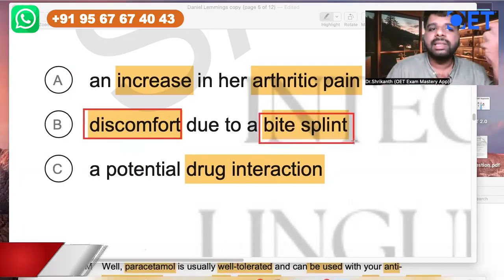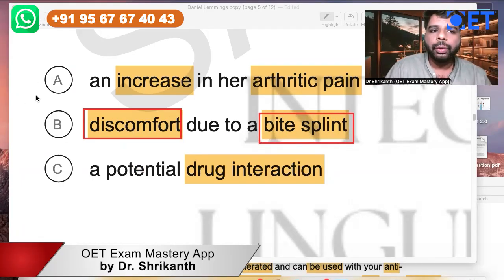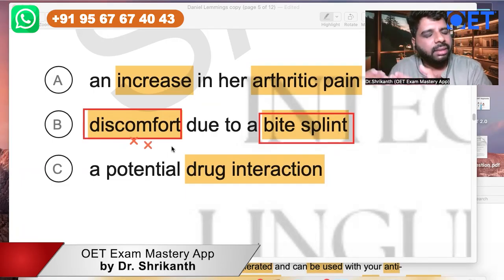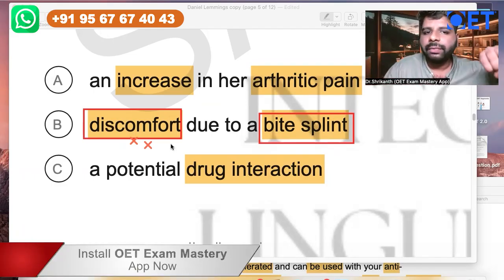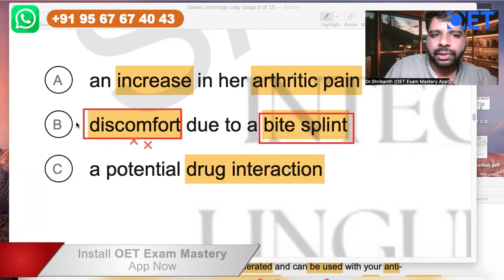And the word discomfort is not mentioned. She has tried a bite splint, but it never really helped. So for that reason, we can eliminate answer option B.